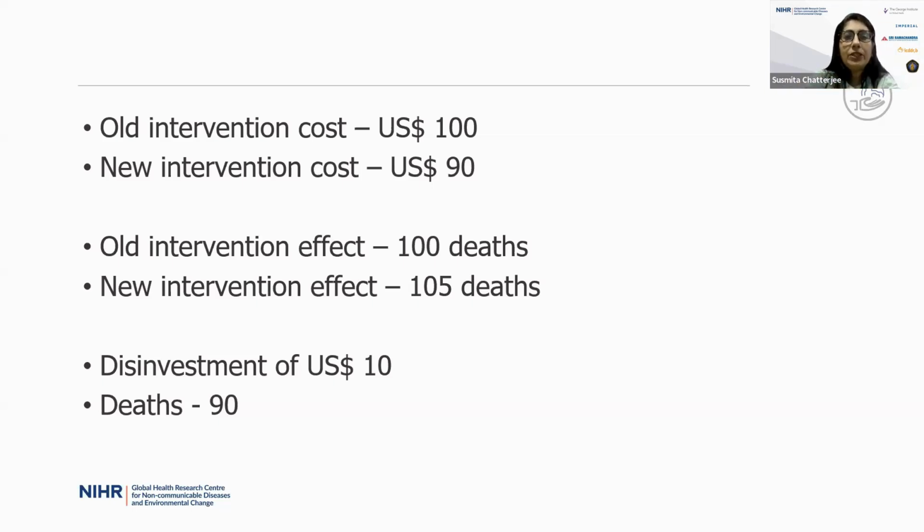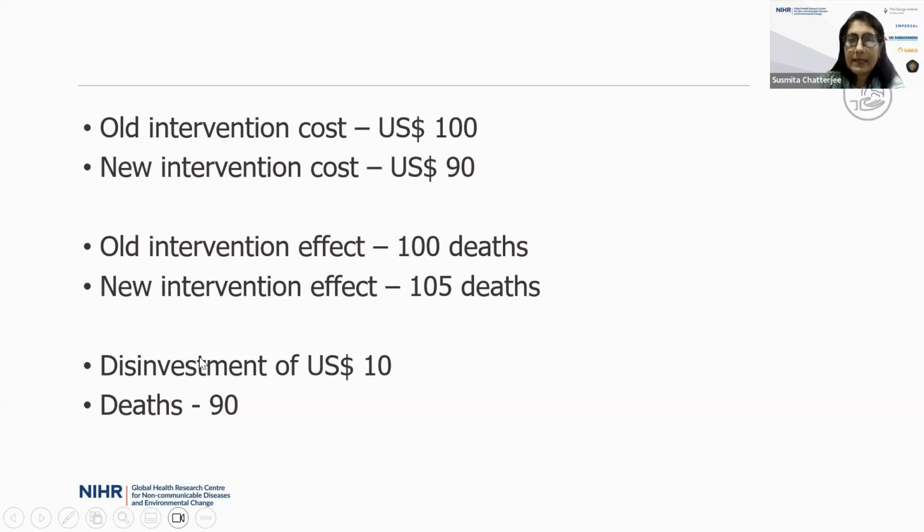Suppose the old intervention was costing me $100. The new intervention is costing me $90. That means it's less costly. Old intervention effect is 100 deaths, but the new intervention has 5 more deaths. But here the situation is that I saved $10, right?